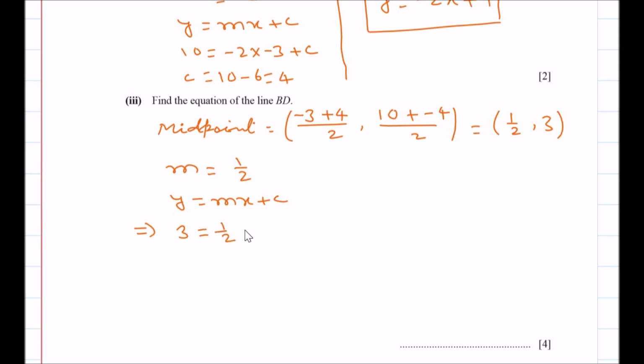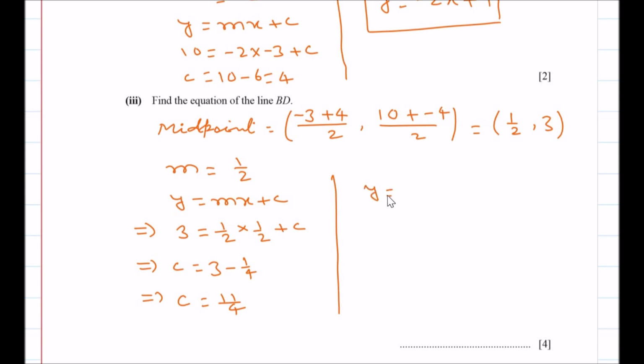M is 1 by 2. X is 1 by 2 plus c. This implies that c equal to 3 minus 1 by 4. That is c equal to 11 by 4, positive, right?